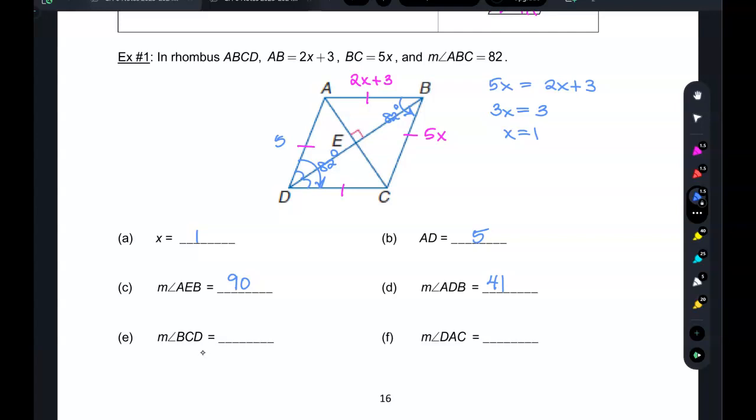So this whole thing here is 98. So DAC, well, this would also be 98. And then this would be half of it, which makes it 49 up here. Okay. Good. Questions?